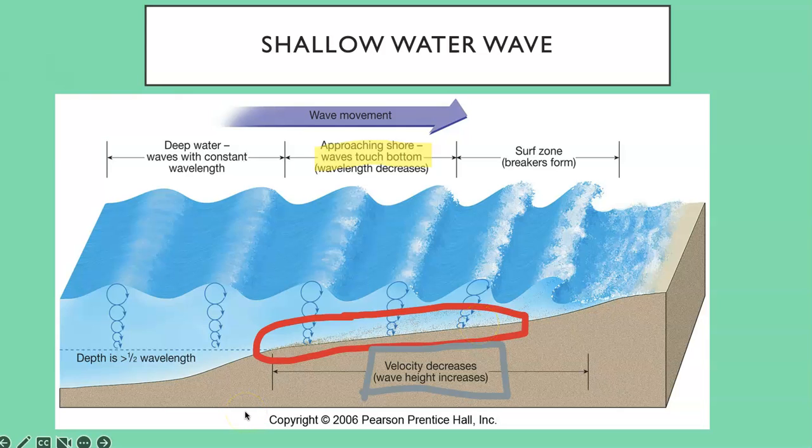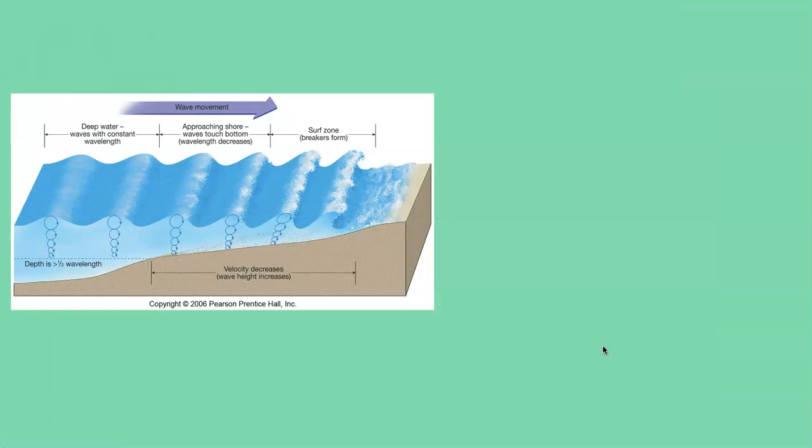Another thing that happens is the wave height increases. So we have the waves starting to drag and feel bottom, and the wave height starts to increase. The wavelengths get closer and closer together. So I'm summarizing here what happens as a wave approaches the shoreline.